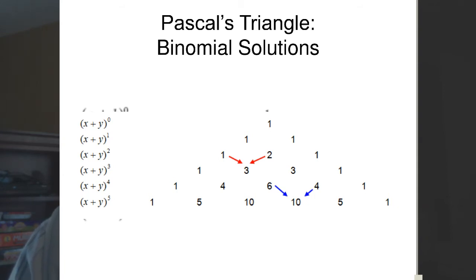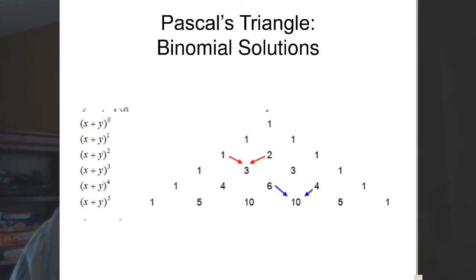And of course, Pascal was the first to realize that when you have a quantity added together, x plus y, the quantity raised to a power, whether it's 0, 1, squared, cubed, to the 4th power, the 5th power, what he recognized was that the integers that prefix, or the multipliers of each individual combination, followed a pattern. And he looked at it like a triangle.